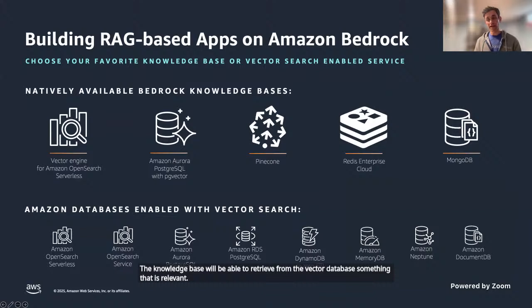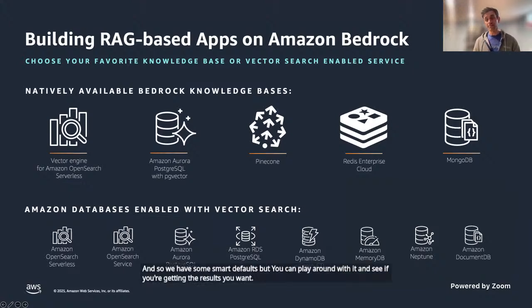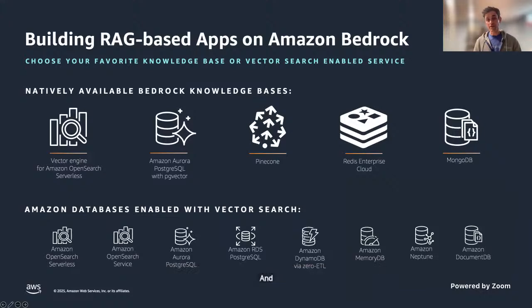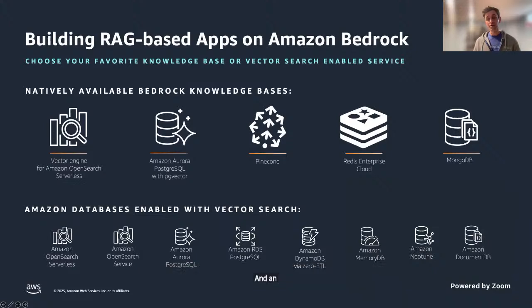We have some smart defaults, but you can play around with it and see if you're getting the results you want. And you can get even more advanced, where not just setting the chunking size, but you can actually go in and override the chunking itself. An example here is if you want to add metadata to each chunk.